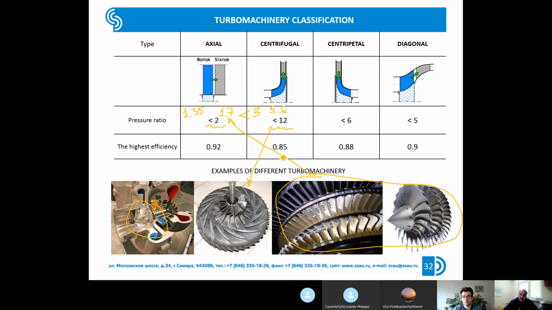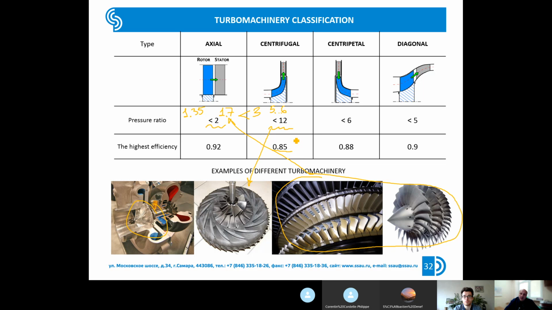And if we speak about the efficiency of the centrifugal stage, it will be lower. Here I provide information from one textbook, which says the biggest efficiency of a centrifugal stage is 85%. But it's the efficiency of future stages for the gas turbine engine. In reality, the level of efficiency is a little bit lower, and the reason for such low efficiency is the complex flow structure.